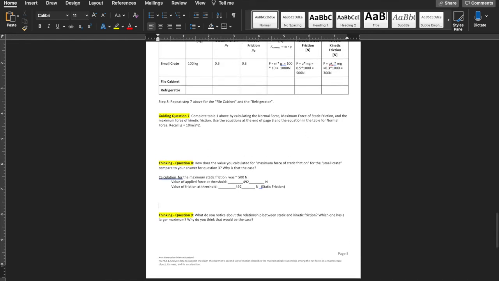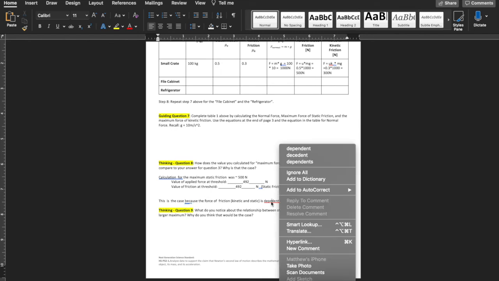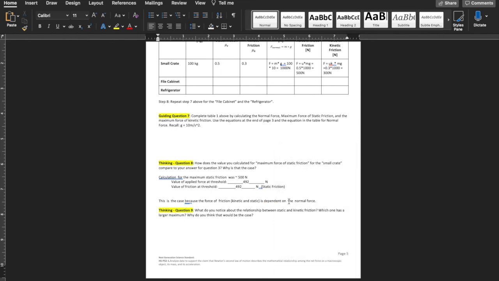And so why is that the case? Well, this is the case because the force of friction, kinetic and static, is dependent on the normal force. And what is the normal force? Again, it's the opposing force between two surfaces.